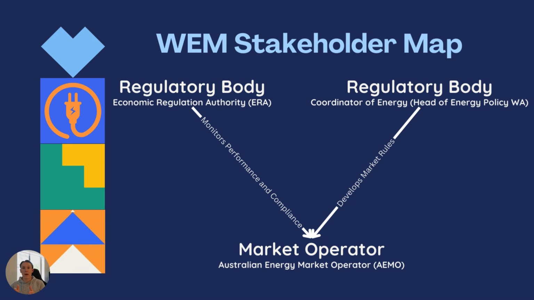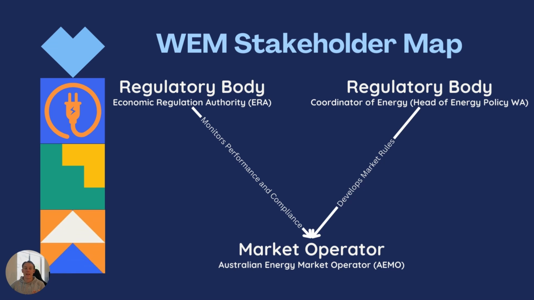Alrighty, moving into the WEM, which is similar but a bit different. They also have 2 regulatory bodies and 1 market operator. You'll notice that the market operator is actually the same, so that's correct. AEMO is responsible for both operating the NEM and the WEM. However, the regulatory bodies are different.